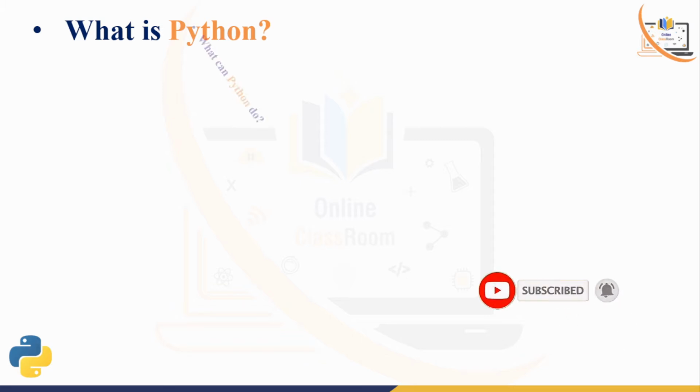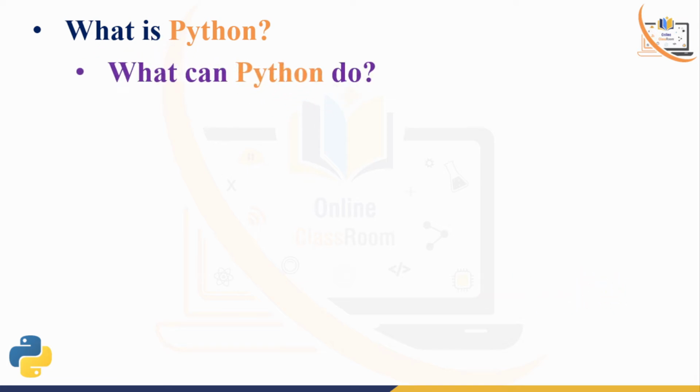And the second main question is, what can Python do, right? Python can be used on a server to create web applications. It can be used in software to create workflows. It can connect with database management systems, or the database, we can say. And it can read and modify files. Python can be used to handle big data.